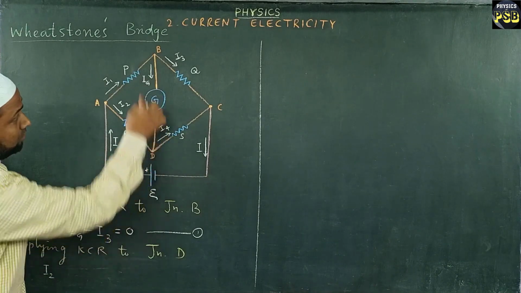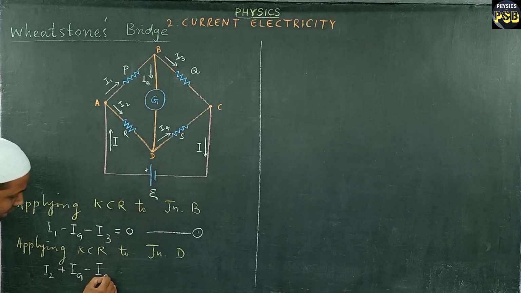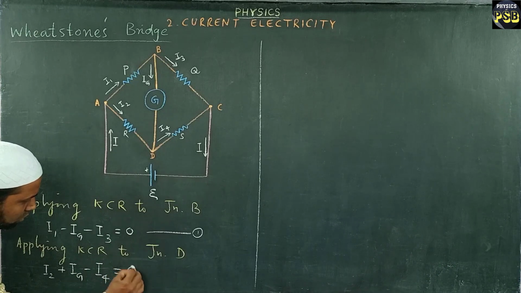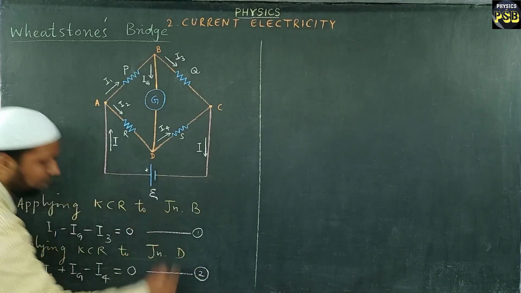Another current moving towards D, Ig, is also taken as positive. I4 is moving away from D, so it is taken as negative. I2 plus Ig minus I4 equals 0, according to Kirchhoff's current rule. I take this equation as equation number 2.